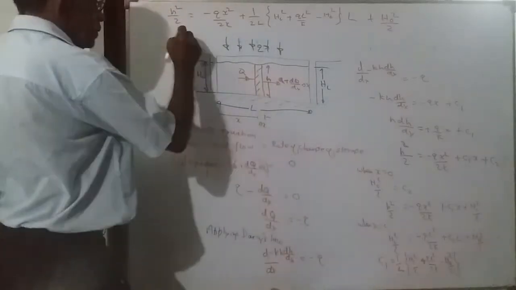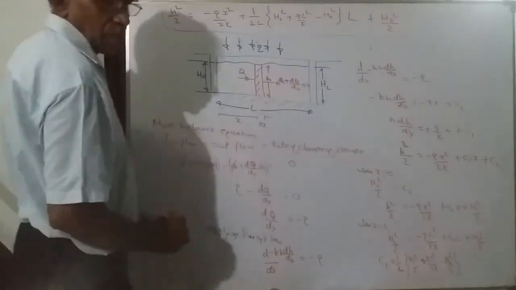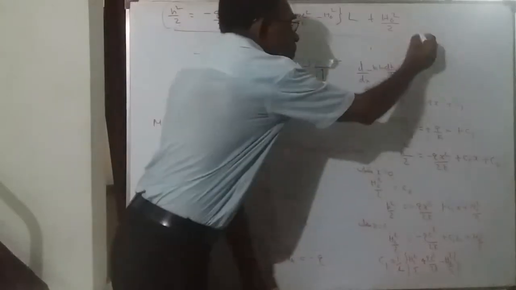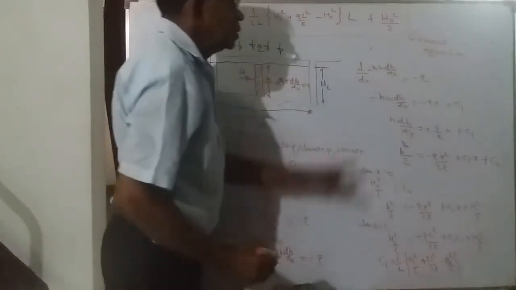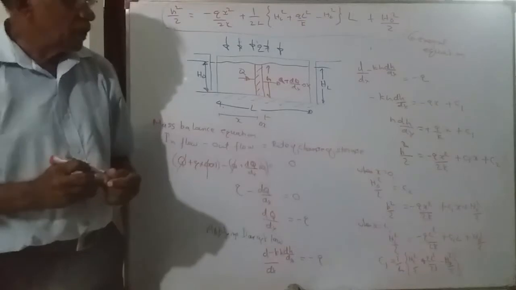So this is the general equation for the aquifer. This is the one we have here right now.